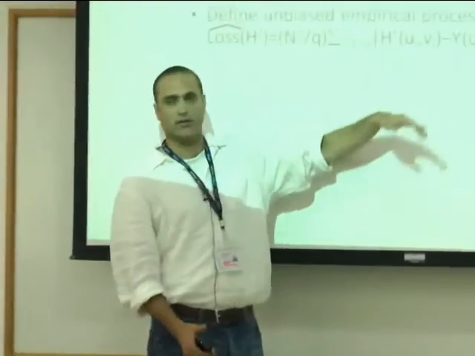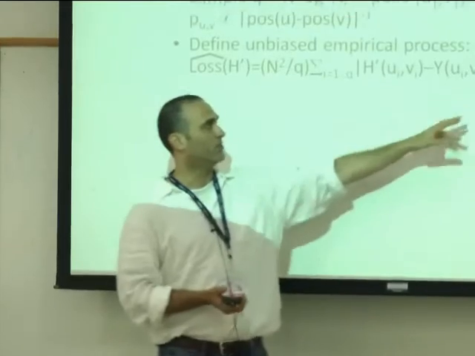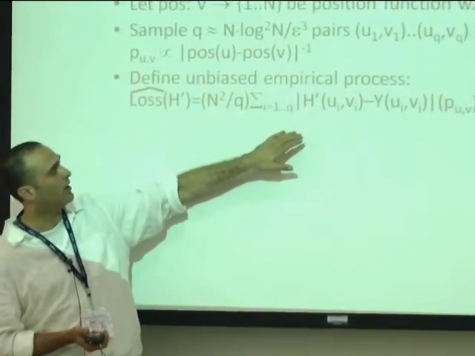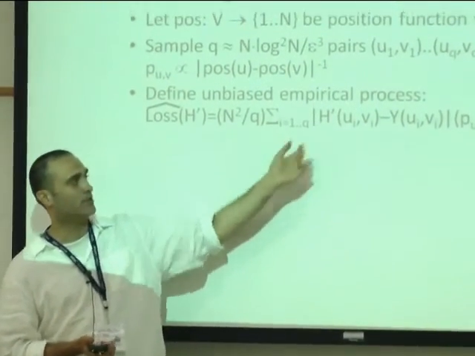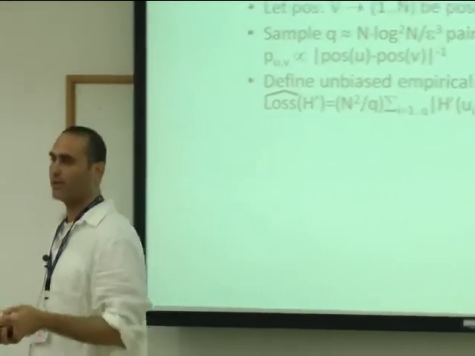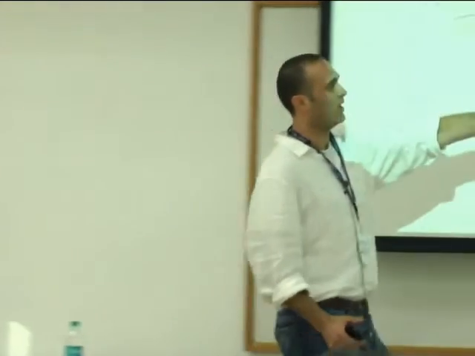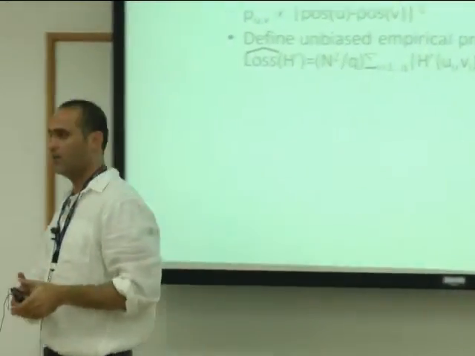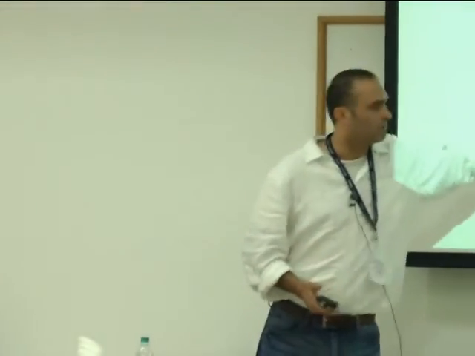There's just one way to do that: you multiply each element in the sum by the inverse of the probability of having chosen the pair in that sum. It's supposed to be ui, vi here. And then you normalize somehow.